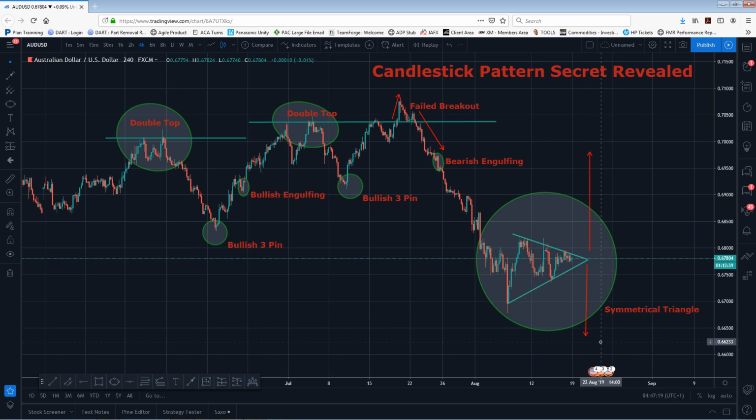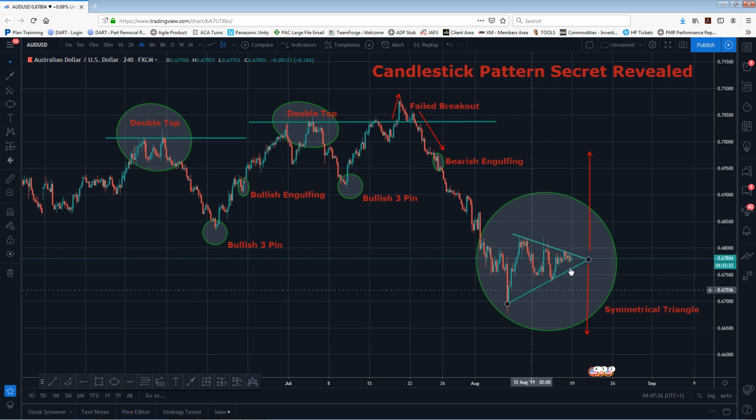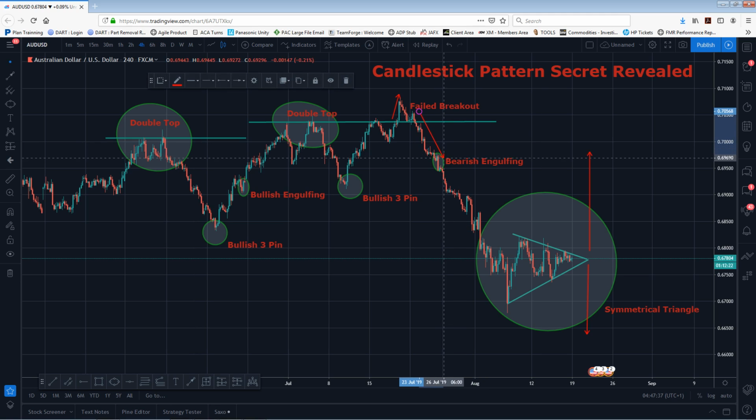My cheat sheet's going to show you pretty easily how to identify these patterns and figure out which way price is going to go. Sometimes we won't know. Sometimes it'll go up or down, or in this case, a bearish engulfing. When we see this pattern, bearish engulfing means price will continue down.